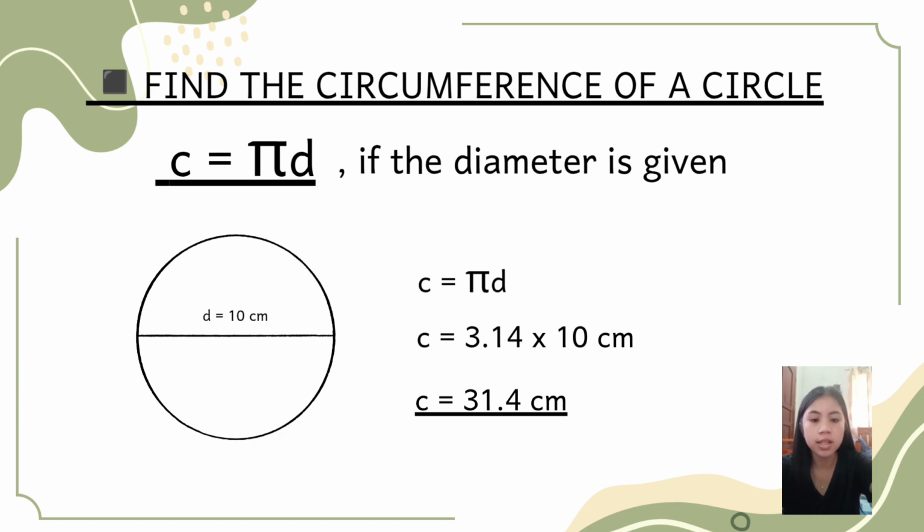Circumference equals 3.14, which is the value of pi, times 10 centimeters, which is the diameter. So in total, the circumference of a circle equals 31.4 centimeters if the diameter is given.